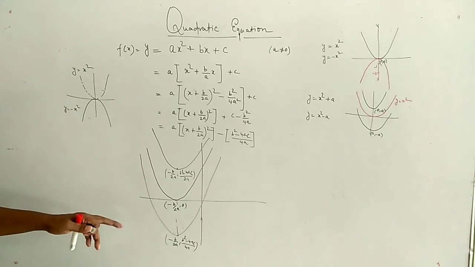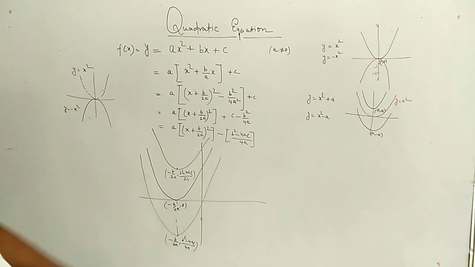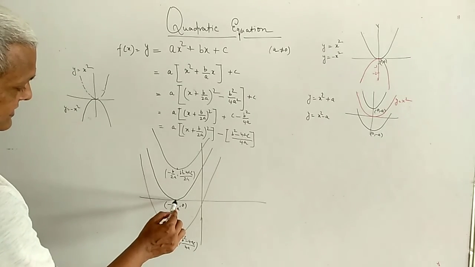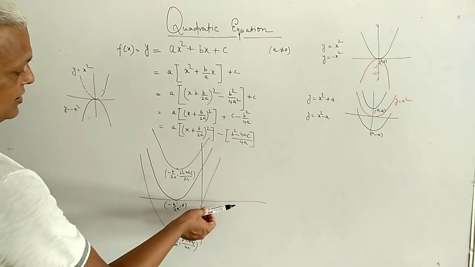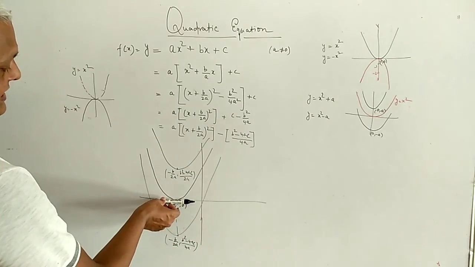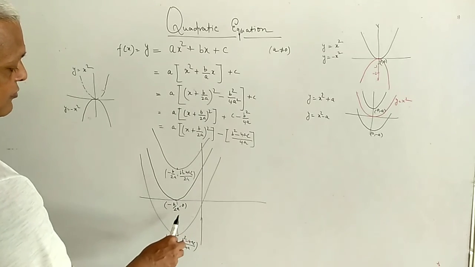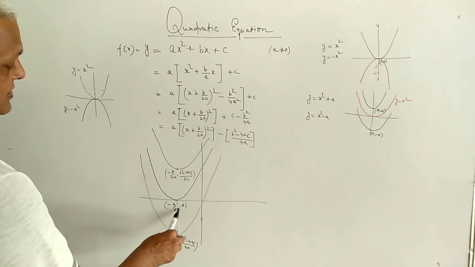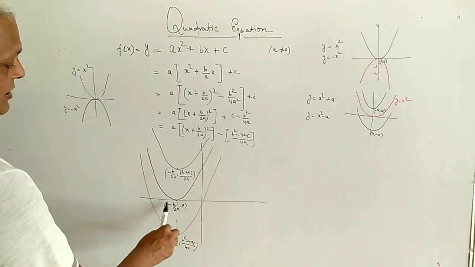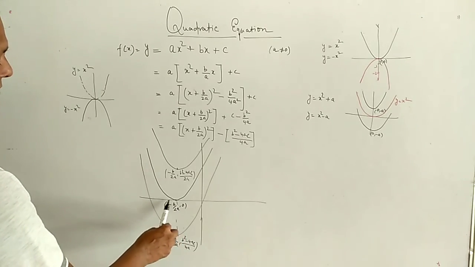Now see the situation. If you look at this one, this graph is giving the case of equal roots because the x-axis is just tangent at the vertex. This one gives you the case of equal roots. Both values of the expression will be the same, roots will be minus b by 2a.